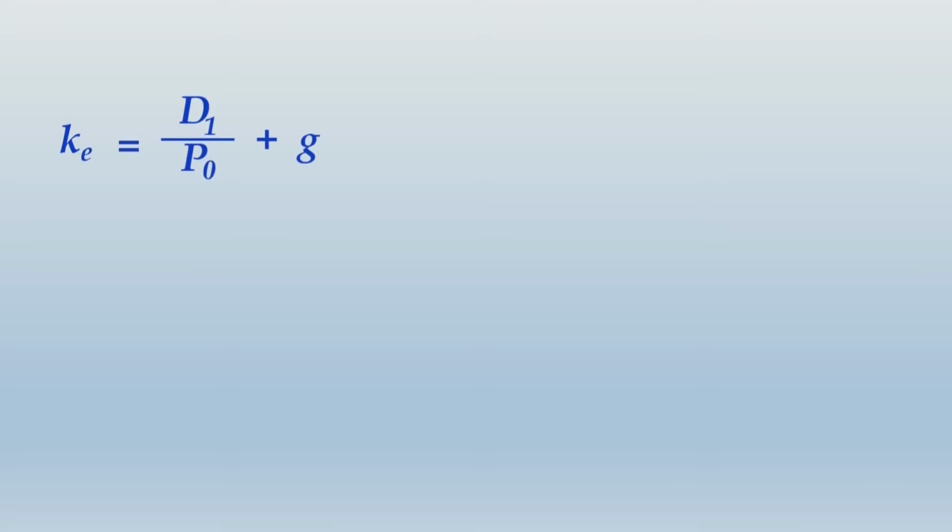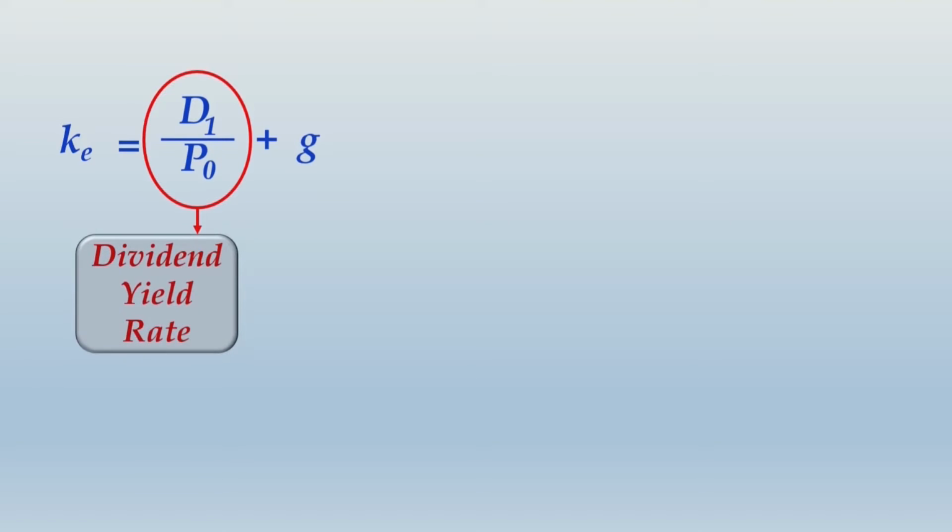Let me take you ahead and show one important thing in this formula. D1 by P0, the first segment on the right hand side, is what we called the dividend yield rate, if you can remember the earlier explanation, and G stands for growth rate.